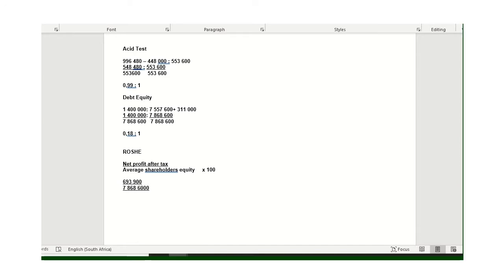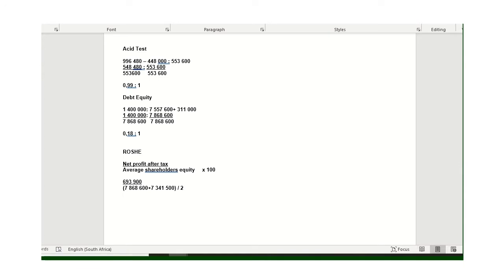7,868,600. I've got to add last year's to it. Last year's I'll find on the balance sheet, and last year's was 7,341,500. Add the two, get a total, and divide that by 2 or multiply it by a half.